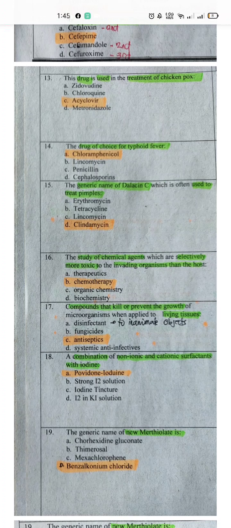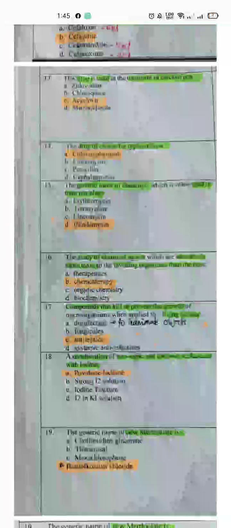Your metronidazole is the DOC for the treatment of amoebiasis, giardiasis, and trichomoniasis. And your chloroquine is the drug of choice for the treatment of erythrocytic falciparum malaria, except in the resistant strains. So let's repeat. Your zidovudine is used for the treatment of HIV infections and AIDS.